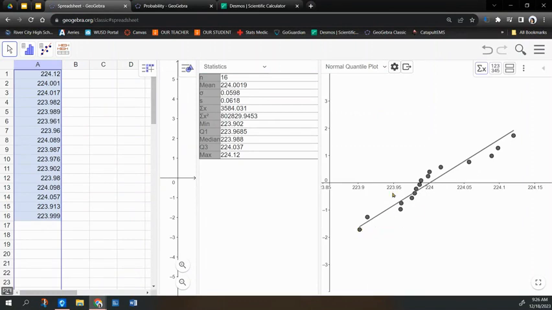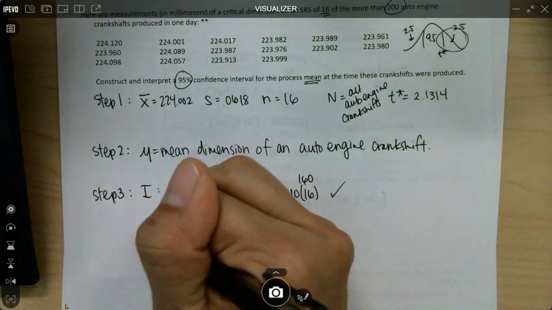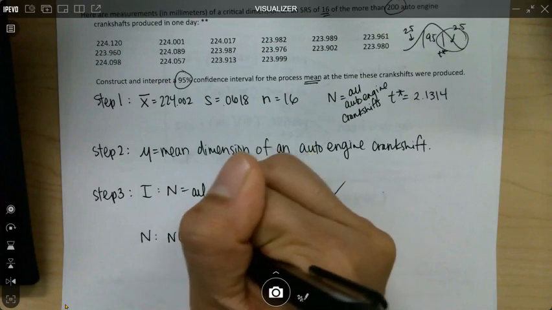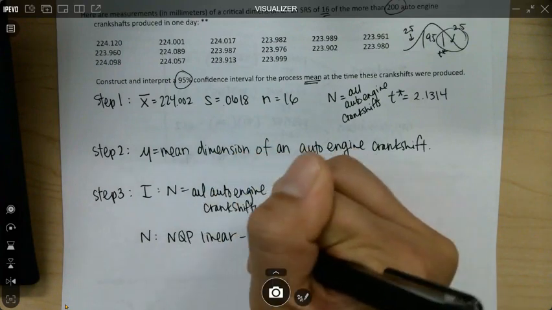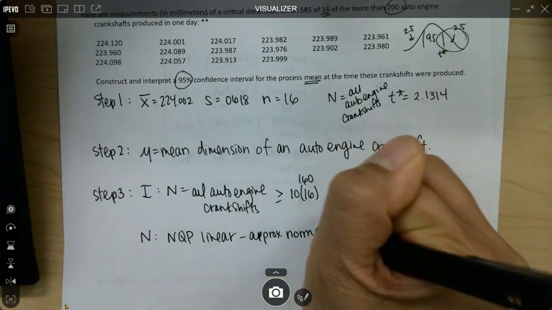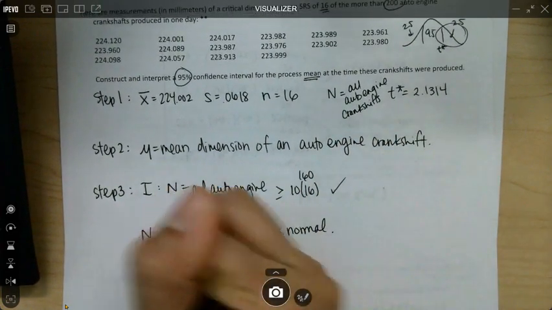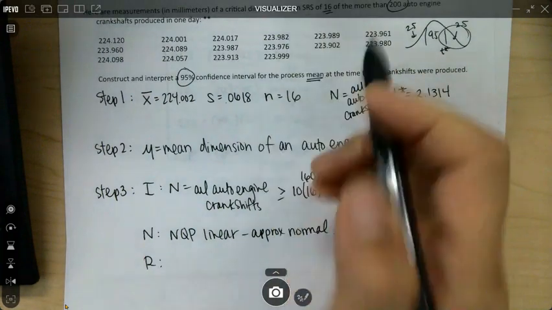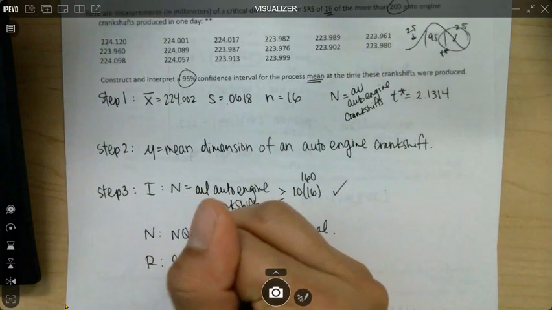Since this isn't clearly curved in any direction, yes, it is kind of curved a little bit, but not to the point of being obviously curved, we can say that it's roughly linear. So the normal quantile plot is linear, which means that our distribution is approximately normal. And then for the random condition, it does say SRS, so SRS is stated.